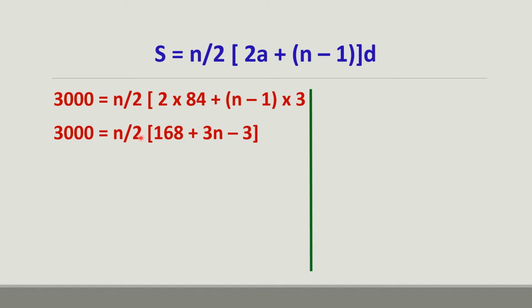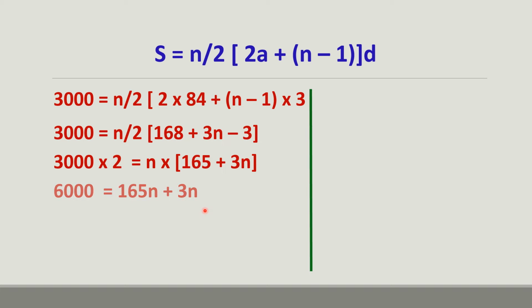Now, by solving it, 3000 is equal to n by 2 into 2 into 84, which is 168, plus 3 into n minus 1, which is 3n minus 3. Then this n by 2, divided by 2, is taken to the other side as into 2. 3000 into 2 is equal to n into 168 minus 3, which is 165, plus 3n.